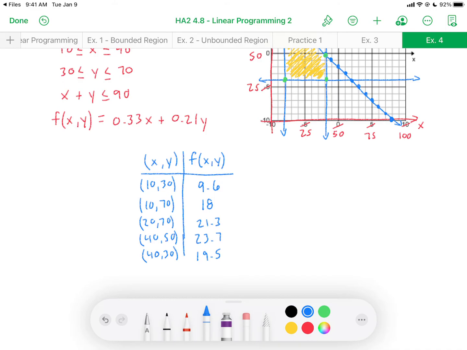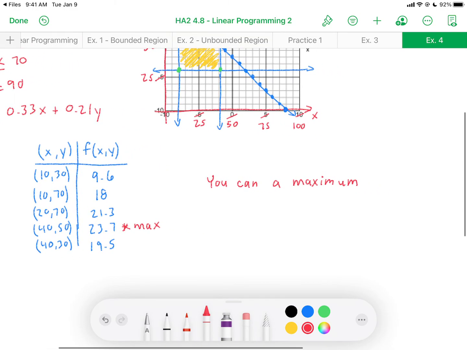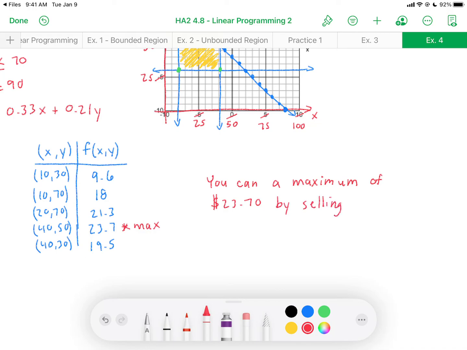0.33 times 40 plus 0.21 times 30. 19.5. So again, we want to make the most money we can, right? So we're looking at this value. You can make a maximum of $23.70 by selling 40 hamburgers and 50 hot dogs.